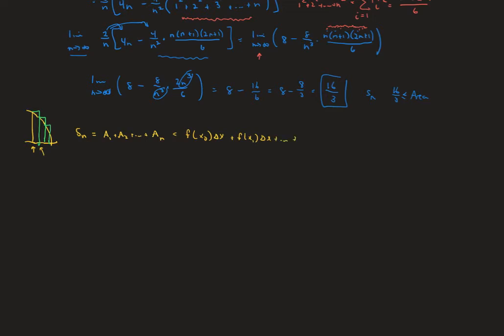We're going to go all the way out to our last rectangle, which we're using the left side for, and I'm going to call that f of x sub n minus 1 times delta x. Since I started the count at 0 and I'm ending at n minus 1, that's still going to be n rectangles. So our area is going to be approximately this.